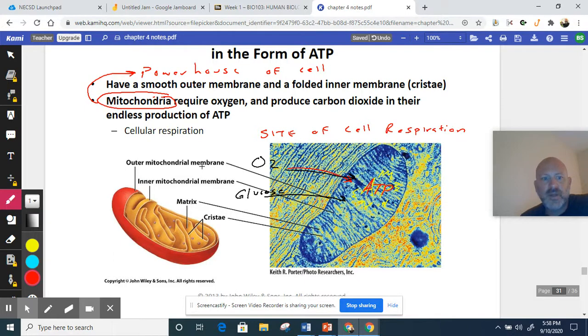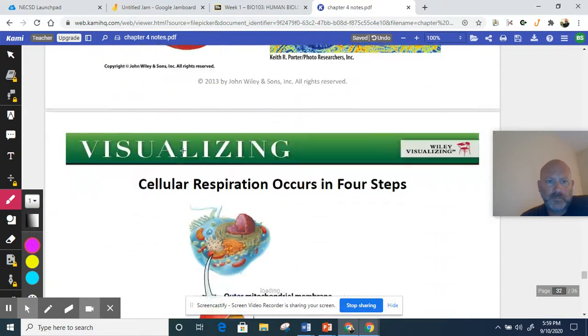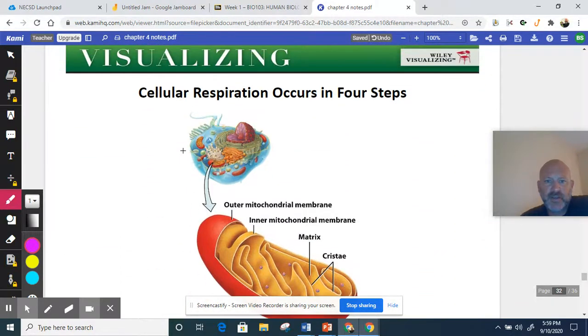But it's also going to produce some waste products. These waste products, believe it or not, are going to be carbon dioxide. And also another waste product of this is going to be water, right? A lot of times you don't think of water as a waste product, but when it comes to cell respiration and making ATP, it is. Your bodies are constantly making water.